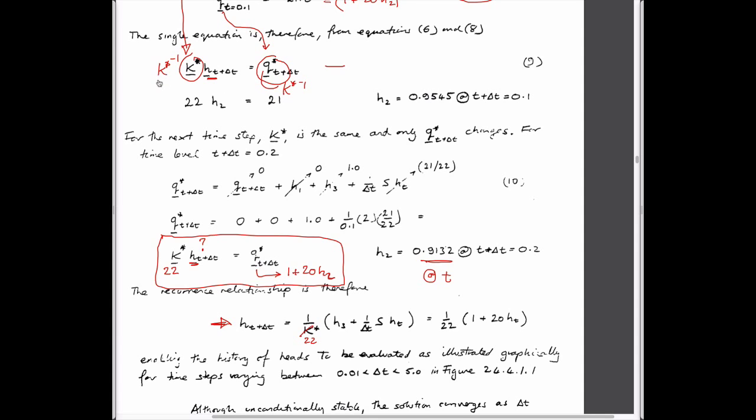The inverse and the regular matrix just give the identity matrix, and that basically gives us h at t plus delta t is equal to the inverse of this matrix multiplied by q star. And so in this particular case, we do have to invert a matrix symbolically.